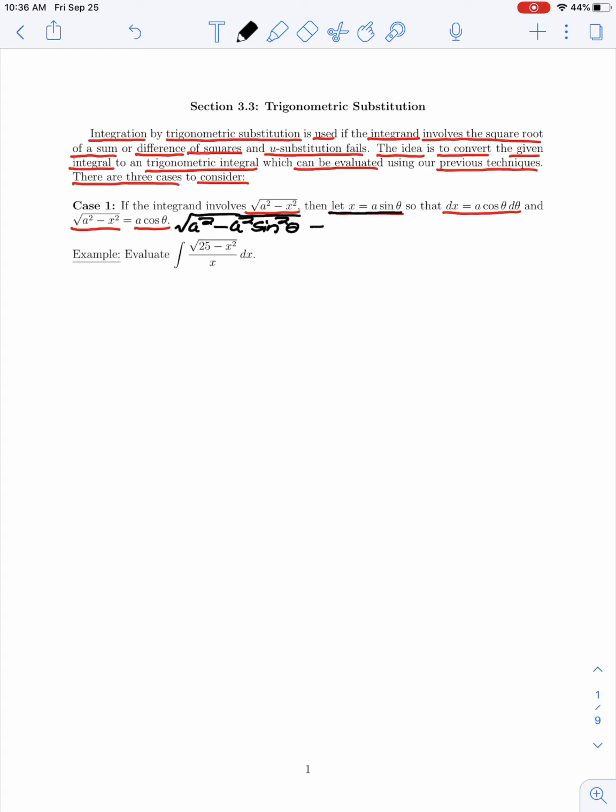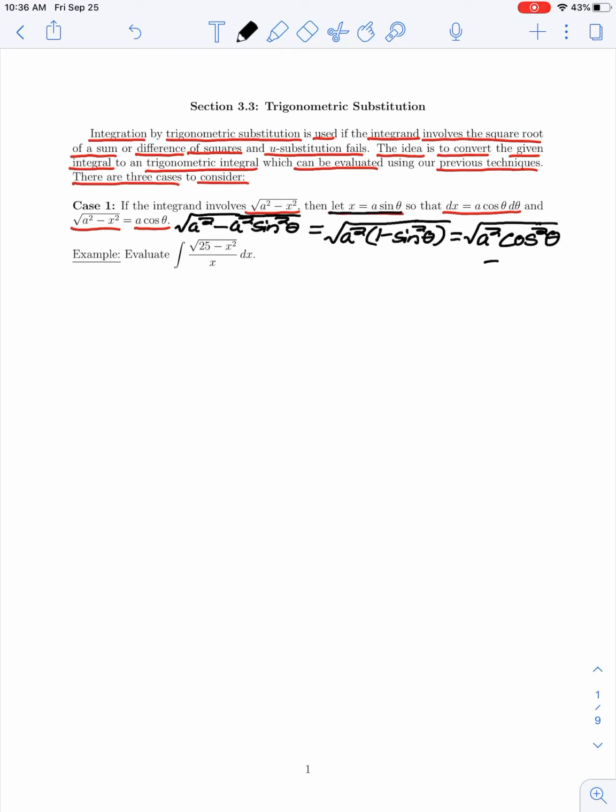So from this expression under the radical, I can factor out an a squared, and I would be left with 1 minus sine squared theta, which would be the square root of a squared, and then 1 minus sine squared is the same as cosine squared of theta.